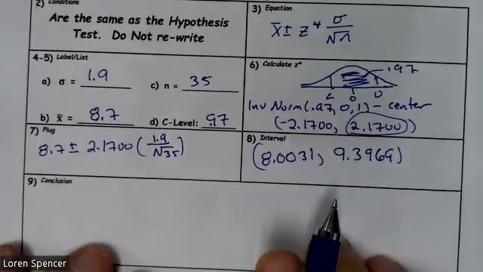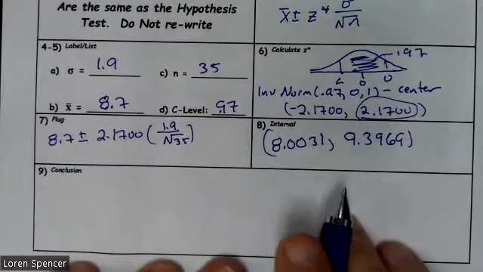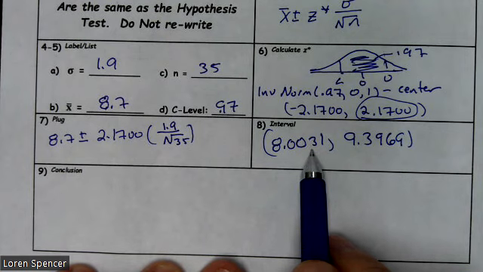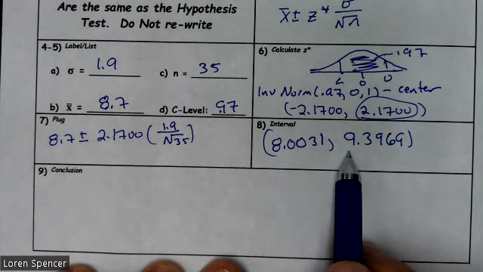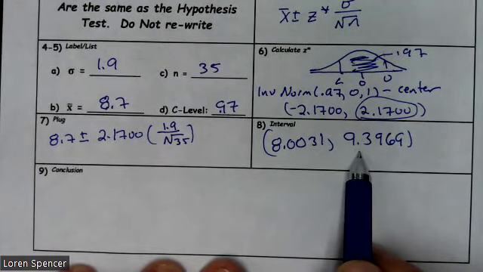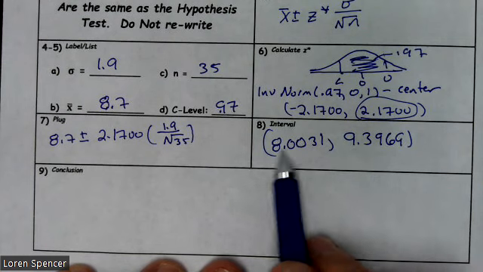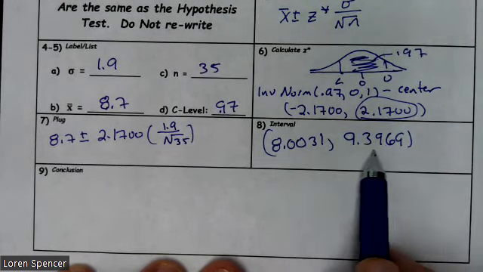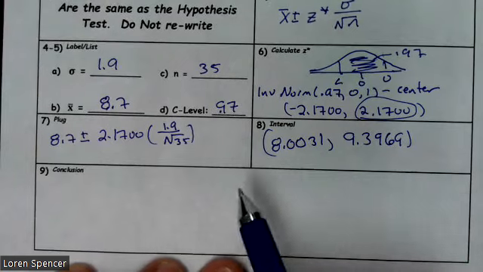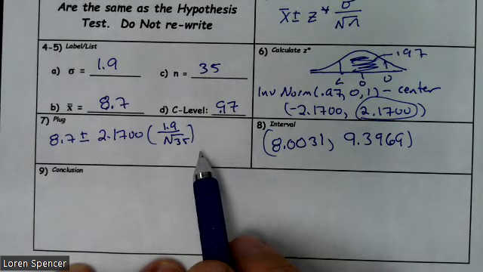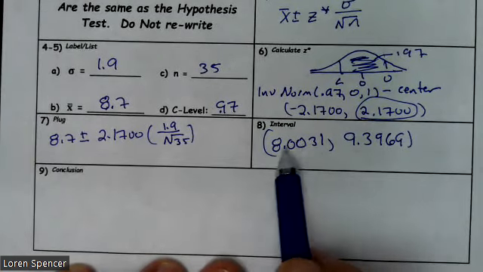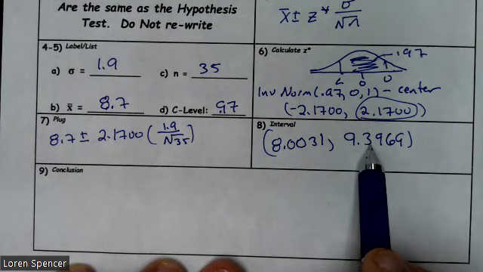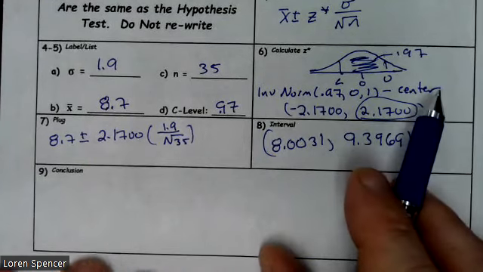And what we're saying is we don't know exactly where the true population mean is, but we know it's at least 8, and it could be as high as about 9.4 or 9.39. So somewhere in there is where the true population average is. Some are going to lose more than that, some are going to lose less than that, but on average, they're going to lose between 8 and 9.39, and we don't know where that average is.